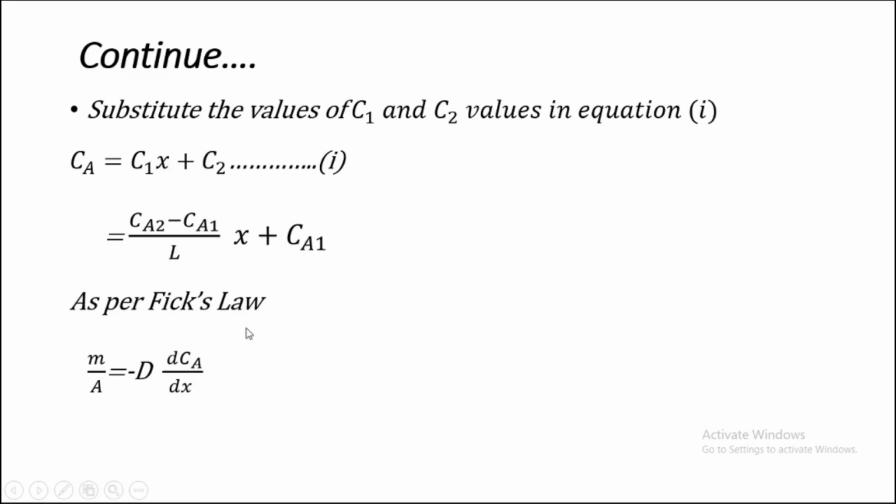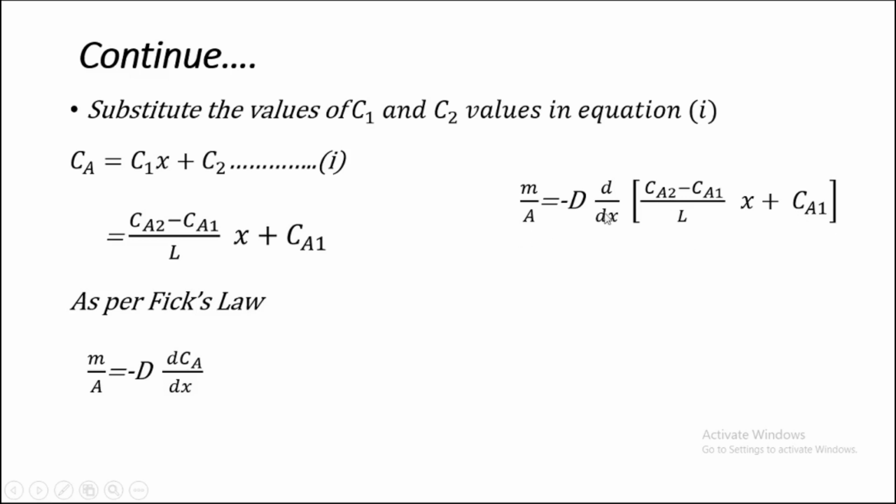As per Fick's law, m by A is equal to minus D into dCa by dx. Instead of Ca, if you substitute this equation, we will get m by A is equal to minus D into d by dx of Ca2 minus Ca1 divided by L into x plus Ca1.